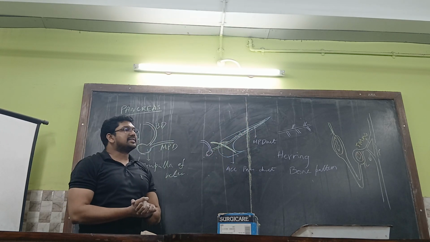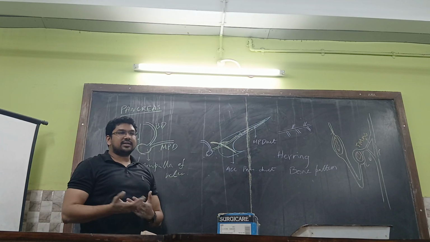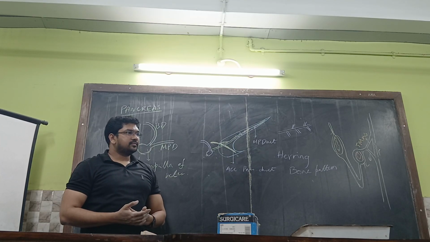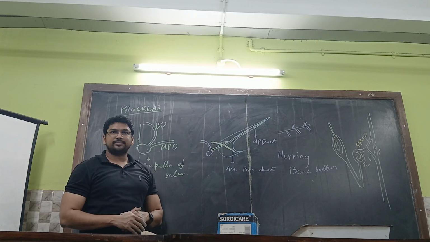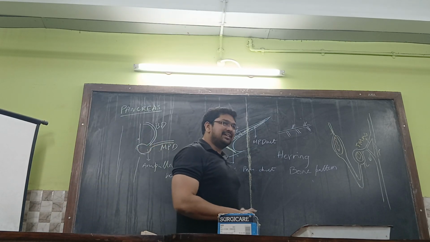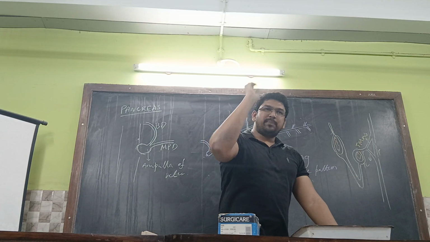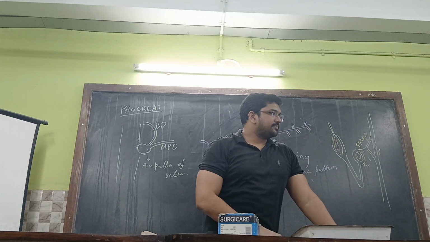Why does the pancreas need nerve supply? Pancreas is a gland. Why does it need a nerve supply? And which nerves will be supplying the pancreas? What's that? Squeezing. Okay, fine. So what is the impact of the nervous system on the pancreas?